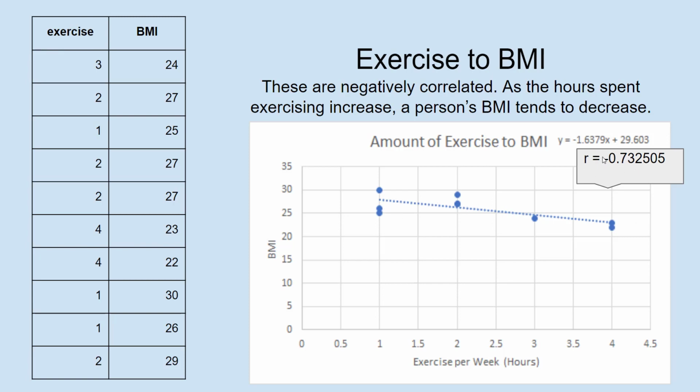Excel will return an R value, and we can see that it is negative. A negative value for R tells you that you have a line with negative slope; those will occur together. This is telling us that we have a negative correlation, a negative relationship between these two variables. So as the number of hours of exercise per week increases, BMI tends to decrease.